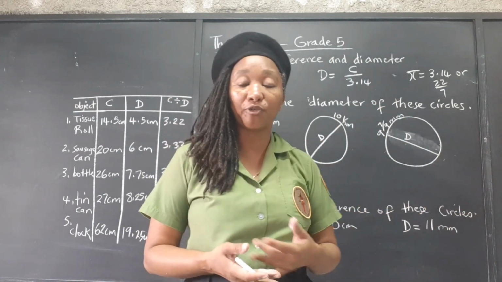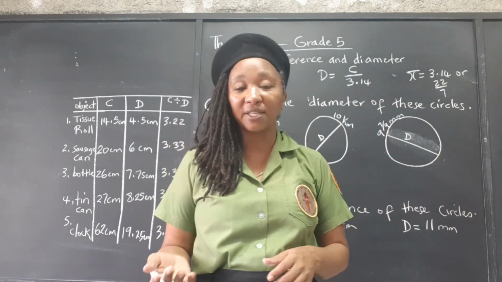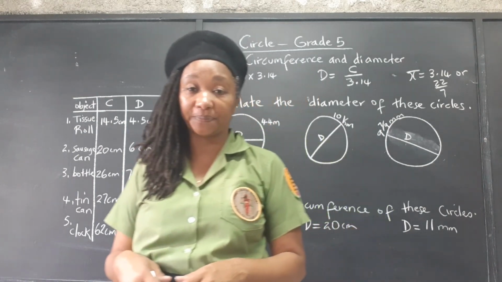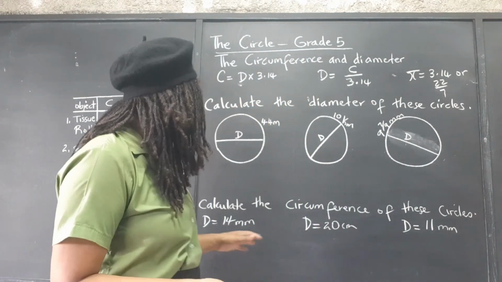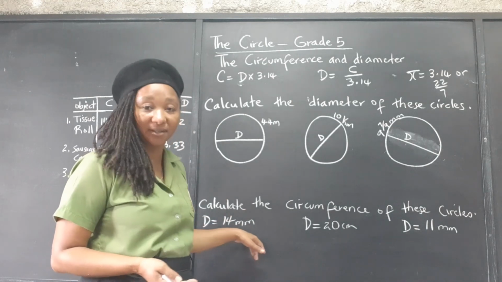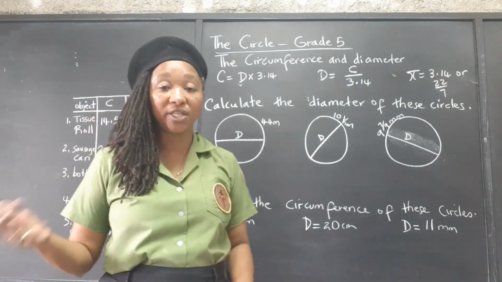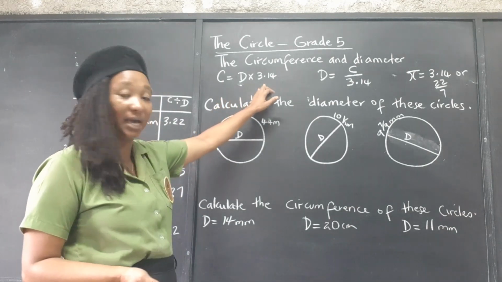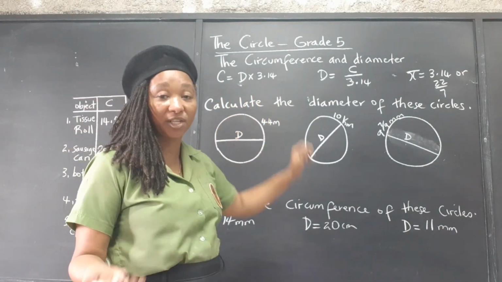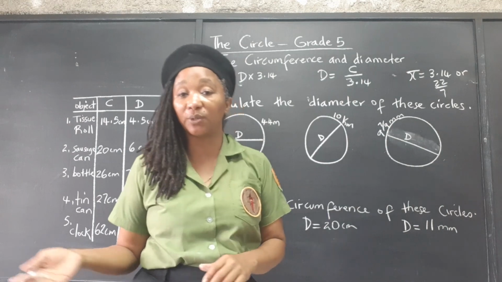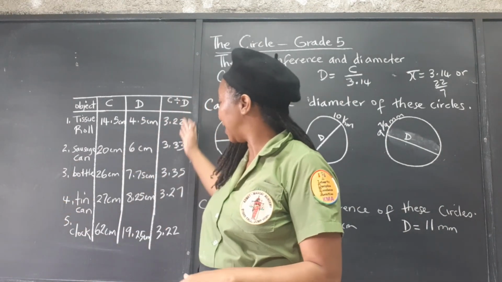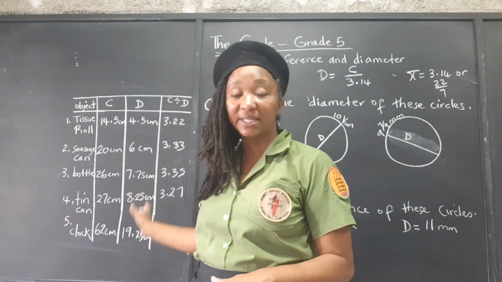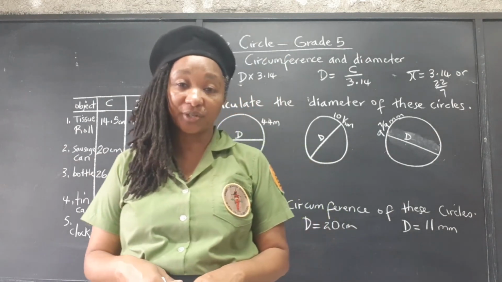We're going to use 3.14 or as a fraction 22/7. And likewise, if we know the diameter and we want the circumference, we just multiply the diameter by pi to get the circumference. Since we have worked out the relationship, see the pattern, there is a distinct direct pattern.